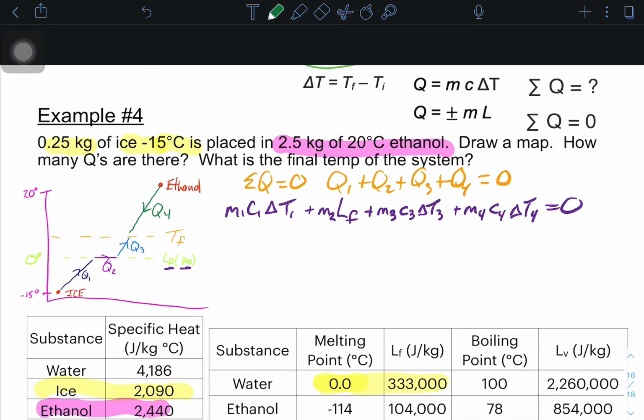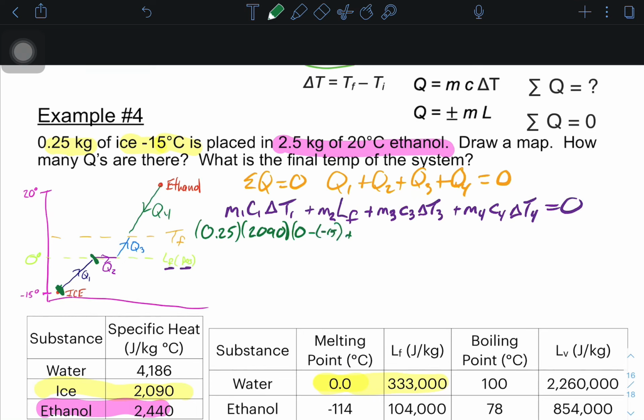So now we can start plugging numbers in. My ice cube was 0.25 times my specific heat of ice, which is 2090, times my final temperature of Q1, which is 0, minus what my Q1 started at, which is negative 15.